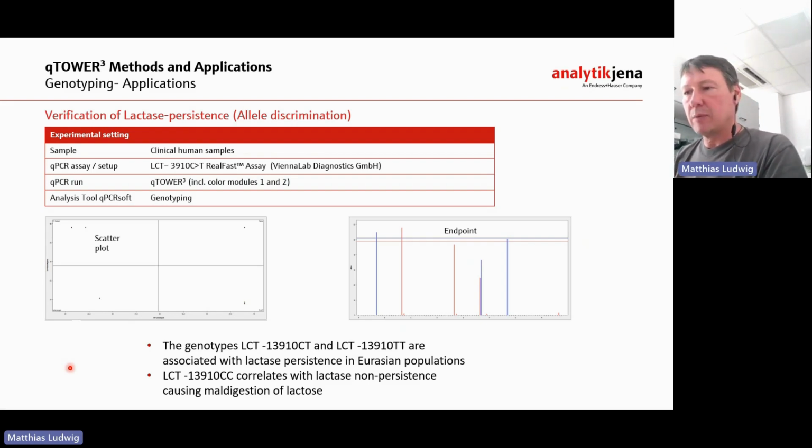There's a main difference between lactose intolerance and people who have some digestion issues with lactose. To detect whether there is really lactose intolerance, you need this kind of genotyping. You can see here this is like an allele discrimination, and for this you can use this genotyping tool.